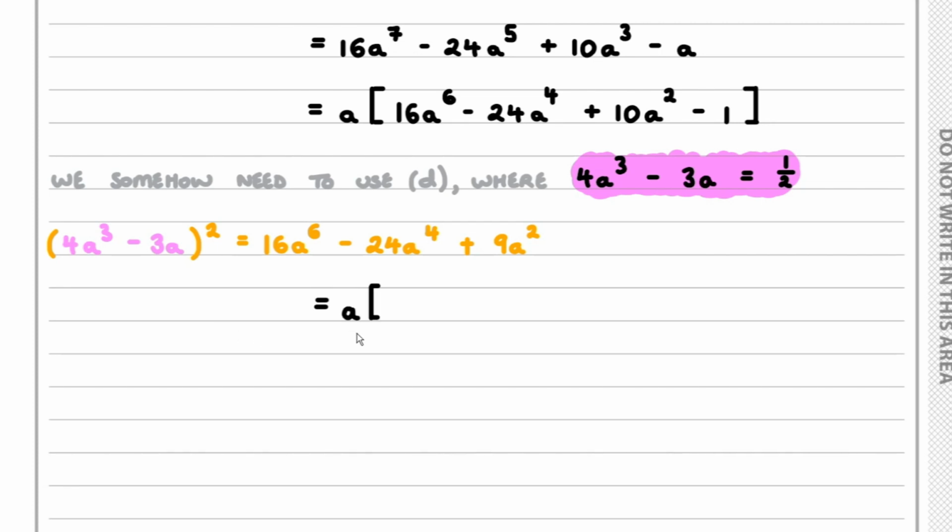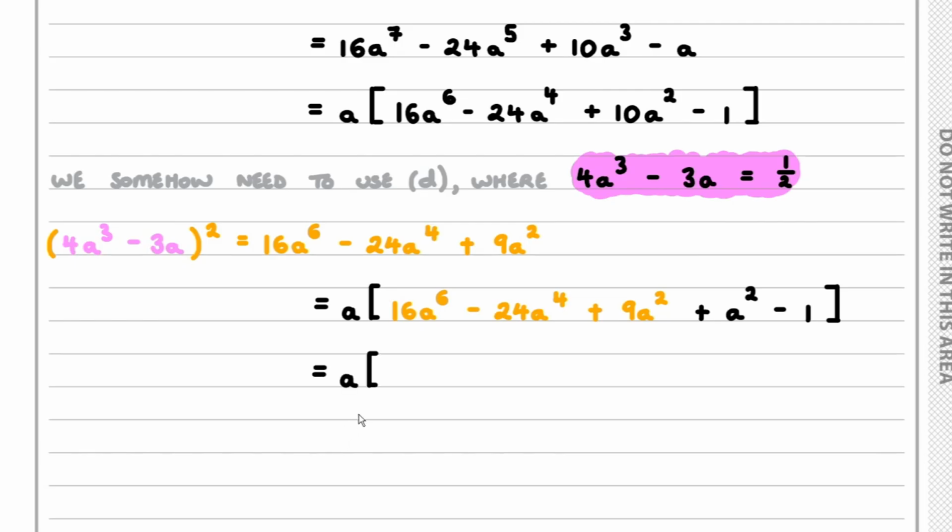So we have a multiplied by 16a to the 6 subtract 24a to the 4 plus 9a squared. Now, we want to go from 9a squared to 10a squared, and then we still have the negative 1. So we can add a squared and subtract 1. So all this is the same as what we have here.